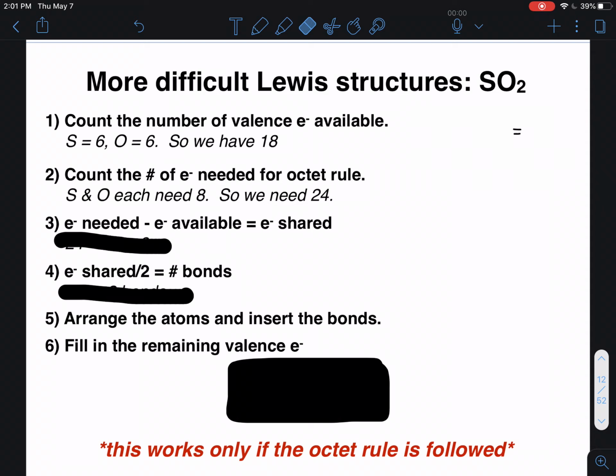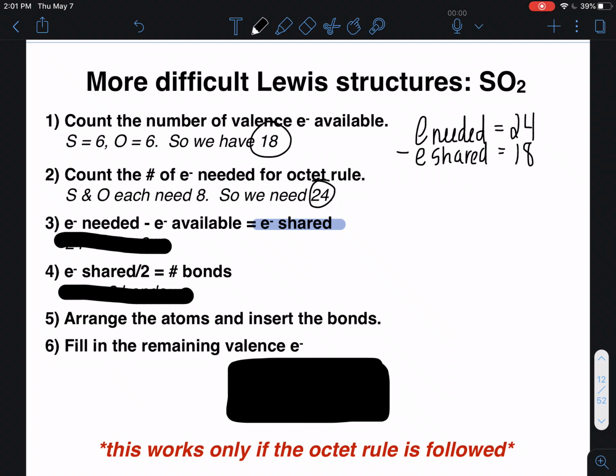Then what you're going to do is subtract the available from the needed, and that's going to give you E shared, electrons shared. So you take E needed, which for us is 24, and you subtract E have, which in this case was 18.